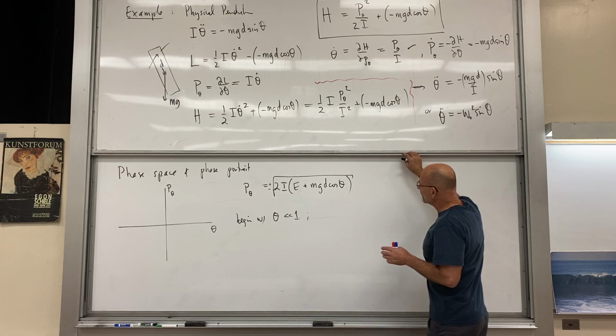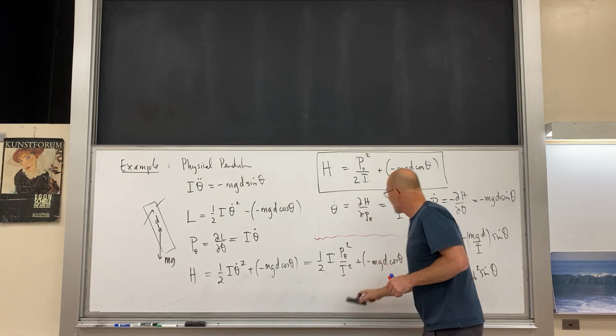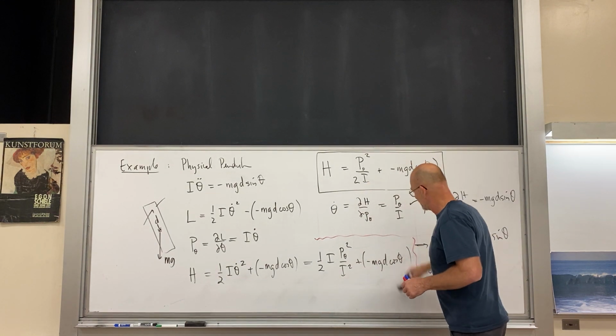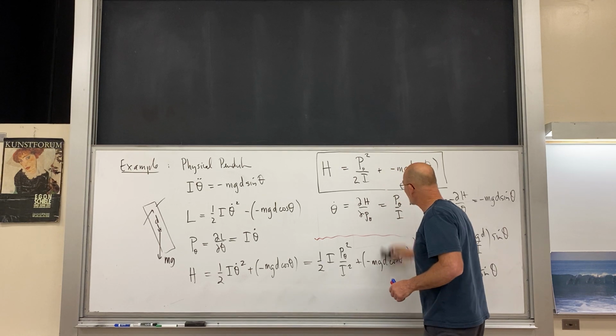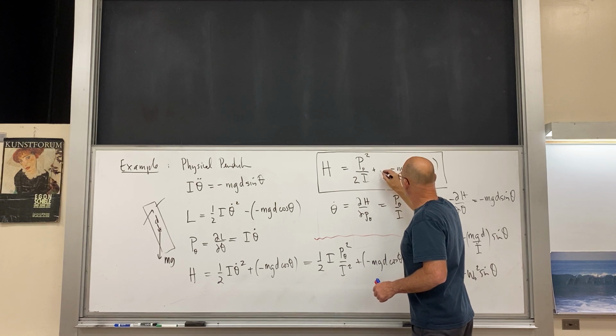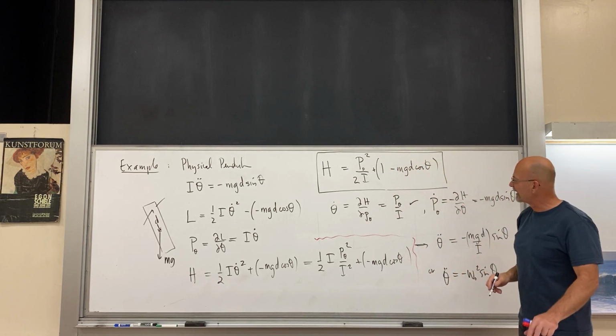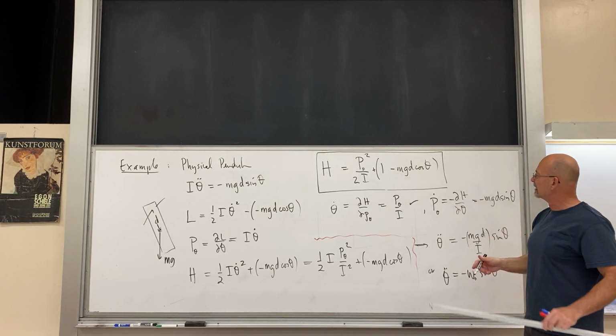You know, we have to change this. Won't be much of a change. We're going to put the 1 minus cos theta there. Minus mgd cos theta. That changes nothing because the derivatives get rid of that constant there.